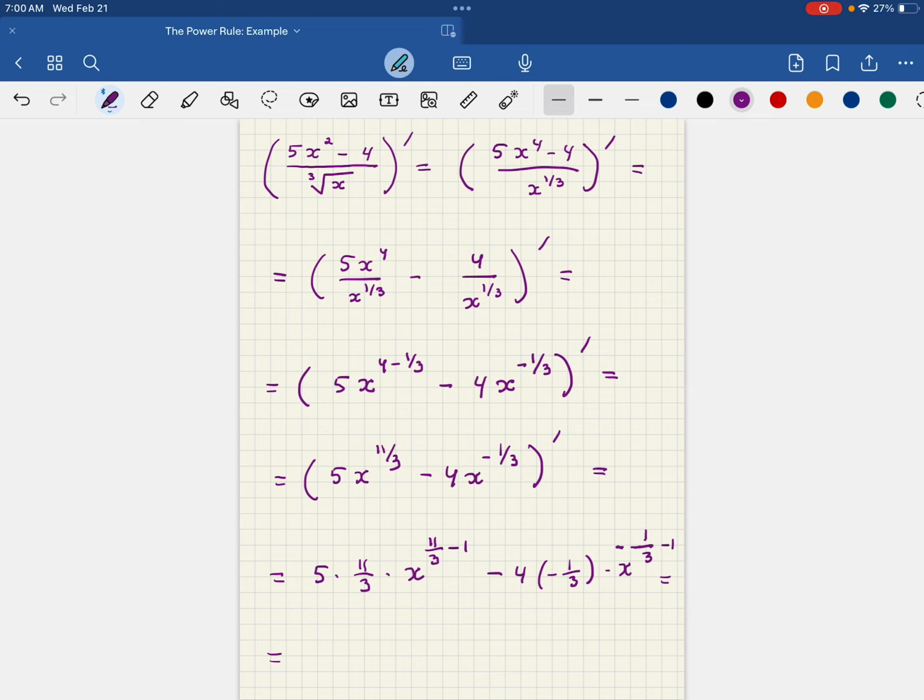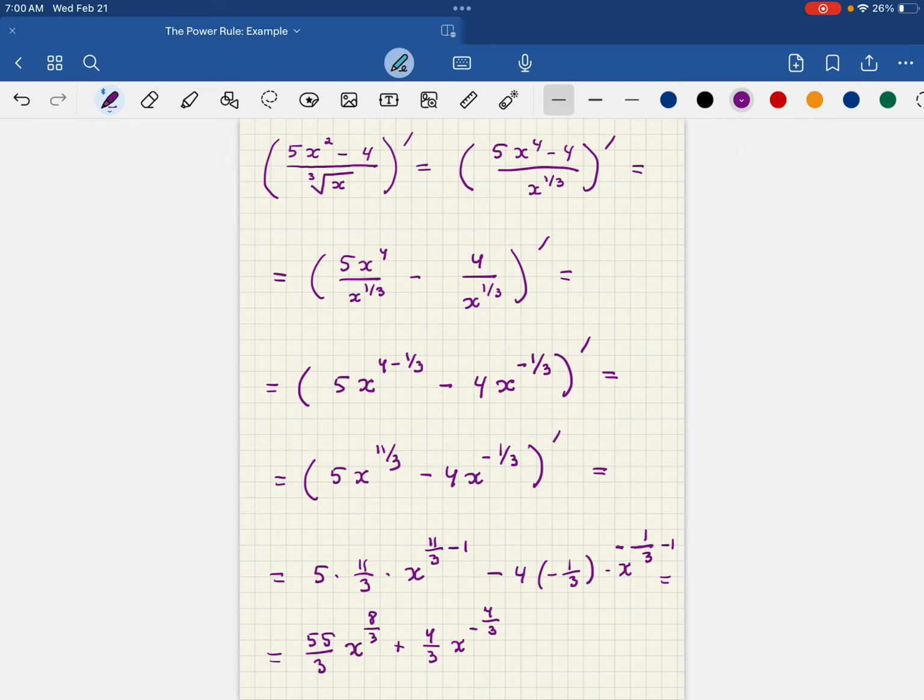And so this gives us 55 thirds x to the power 8 thirds plus 4 thirds x to the power negative 4 thirds.